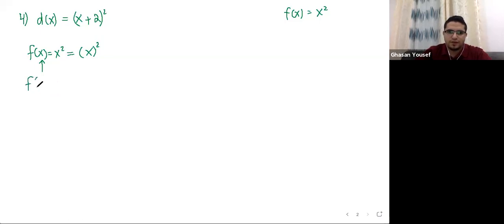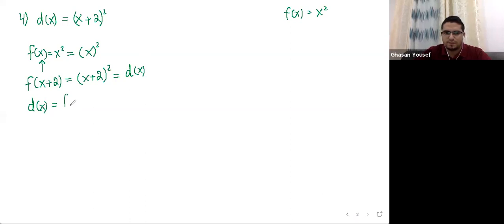So f of x plus 2 equals x plus 2 everything squared, and this is equal to d of x, because d of x equals x plus 2 squared. So actually d of x equals f of x plus 2.